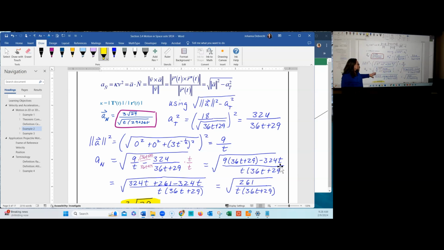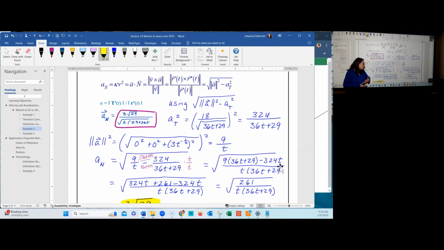To find the normal component of acceleration, I use the last formula, and I subtract the square of the tangential component from the square of the magnitude of acceleration. This gives me the difference of two rational functions. So I get a common denominator, and you can see I'm multiplying by a form of 1 in pink so that the denominators match. Then I multiplied it out, and lo and behold, I got 324t + 261 − 324t.